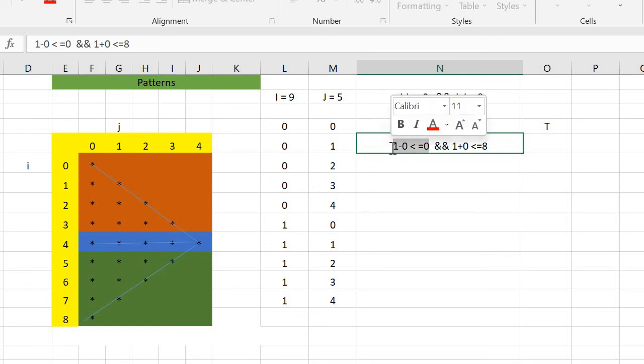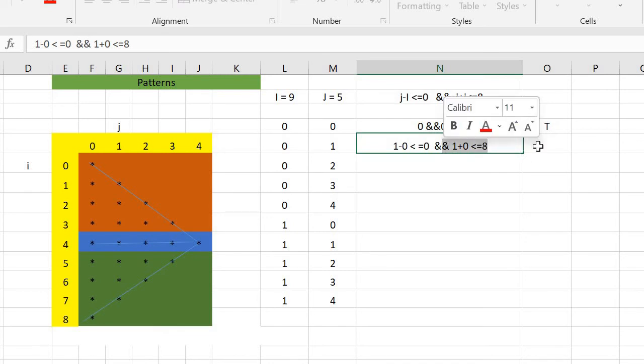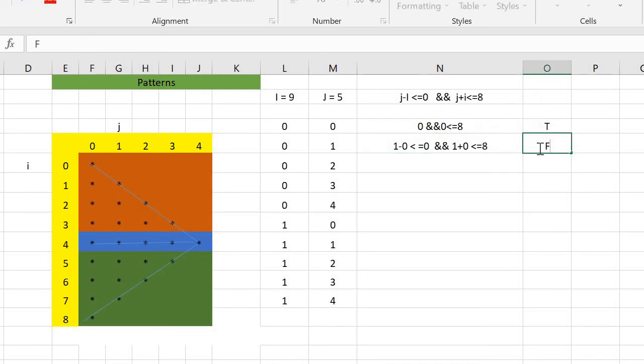So this condition is false. If this condition is false, it does not matter if the other condition is true or not, because both of the conditions should mandatorily be true. Therefore, it will not work over here. Similarly, it will not work for these equations, right? And it will print spaces over here.